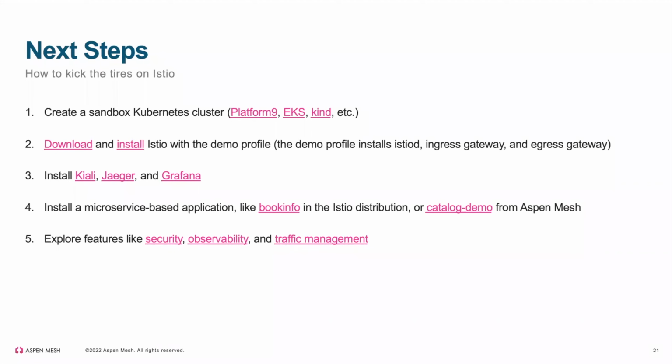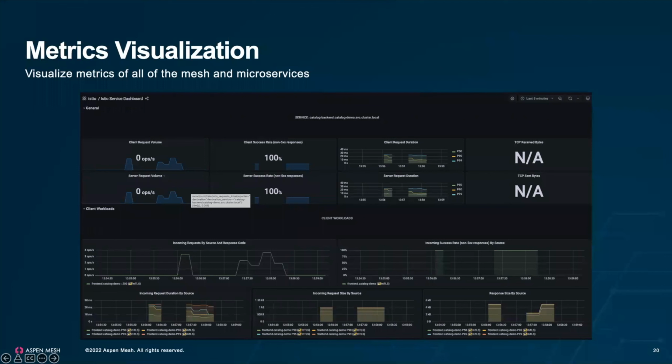No. So Jaeger is just looking at the communications between the proxies in that case. And then it loses visibility once the proxy terminates the mTLS, and there's no real data there. So you can get that data from Envoy and visualize that in something like Grafana.